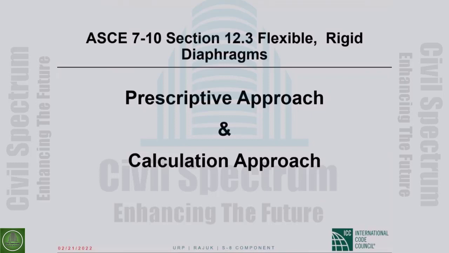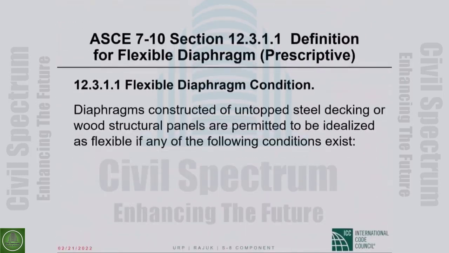There is a calculation approach, both of which we will discuss. Okay, so when can a diaphragm be taken as prescriptively flexible? When can you assume a diaphragm to be flexible without any calculations?